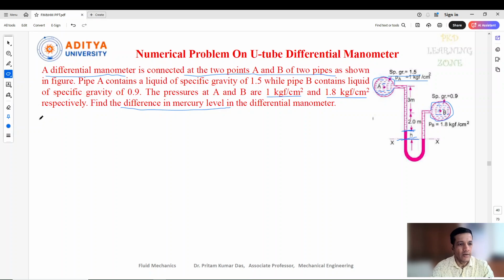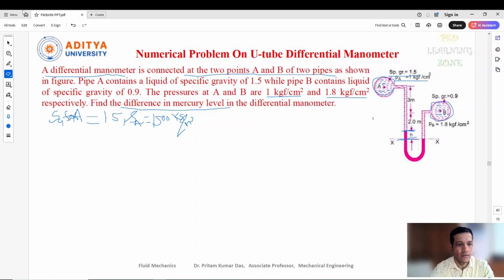Okay, so let's write down the given data. Specific gravity for A point, for the liquid, is 1.5, so we can write the density at A equal to 1.5 into 1000, which is 1500 kg per meter cube.